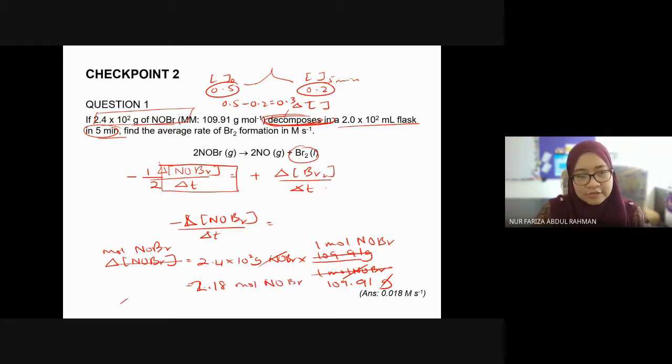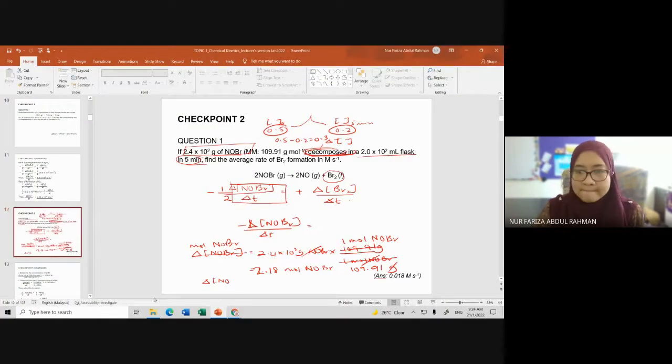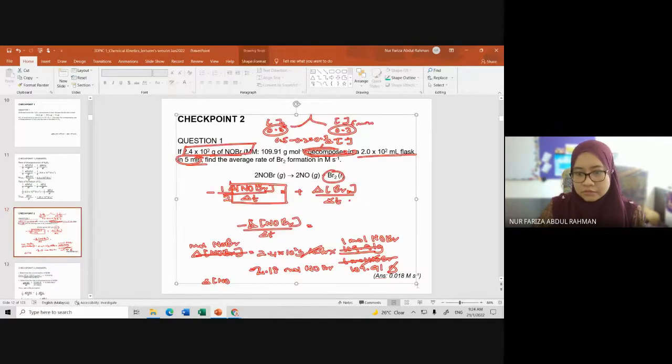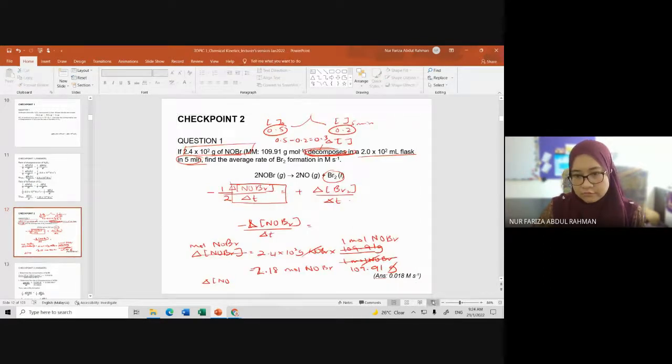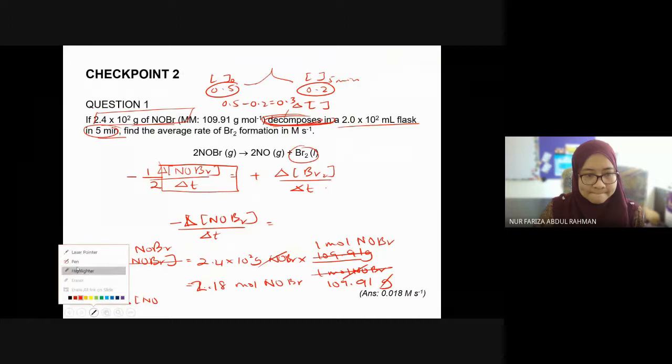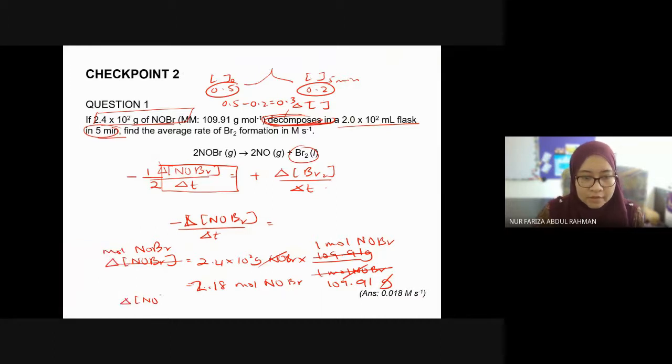So to get the concentration, because we already know that this is delta NOBr. Now we want to find the concentration.